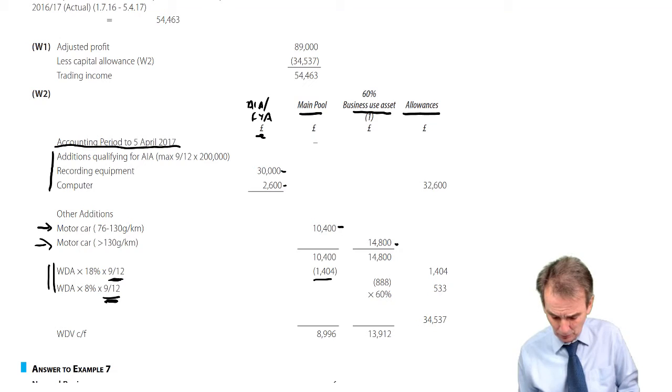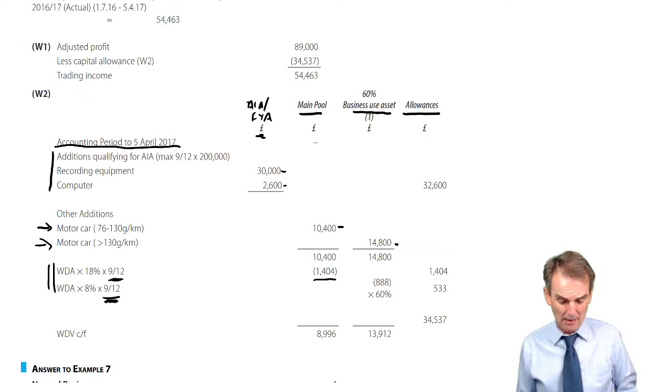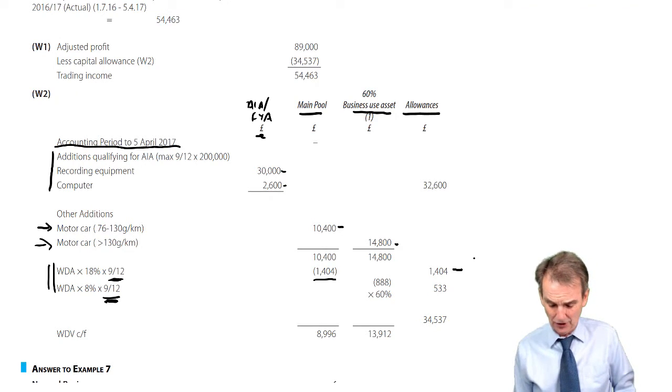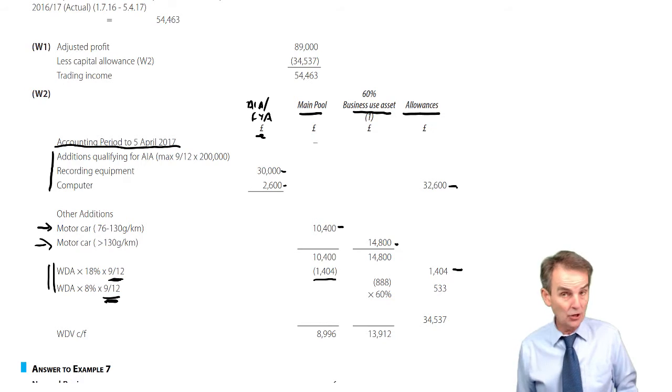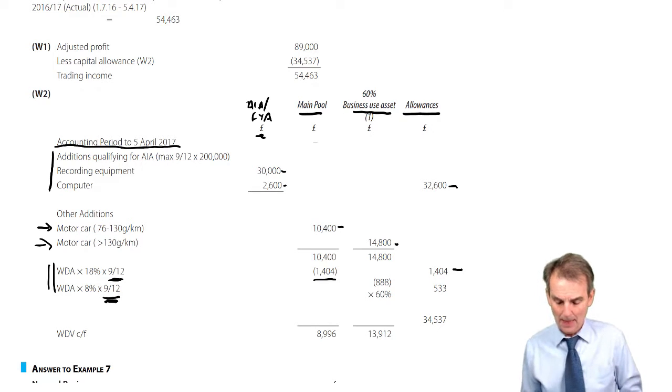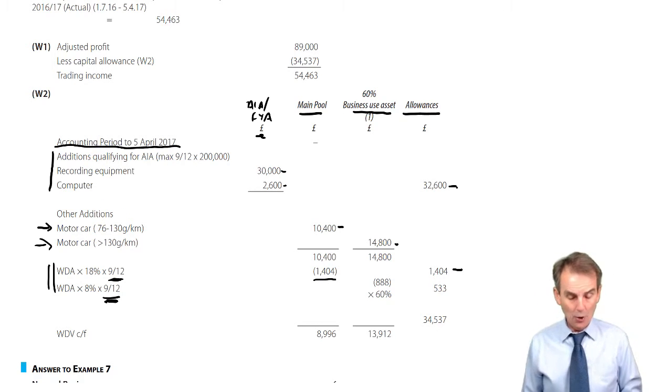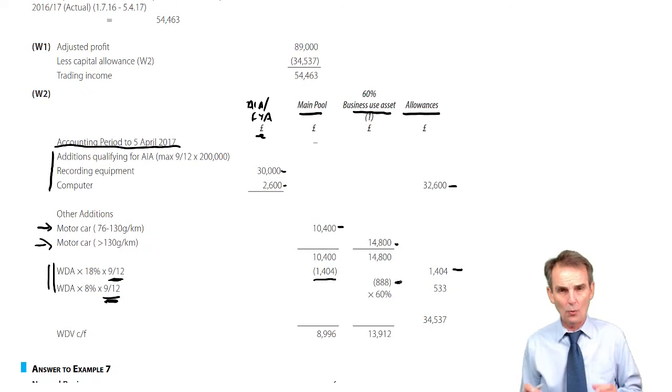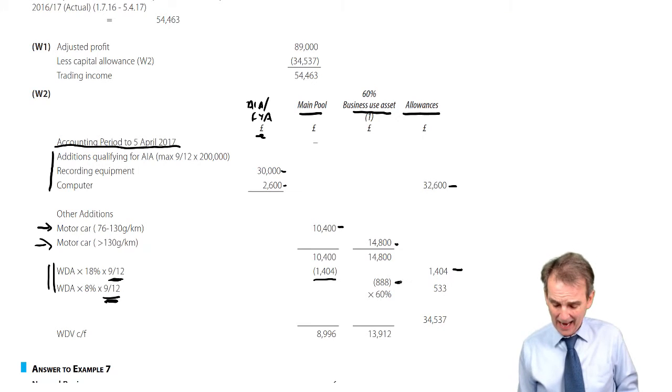All of the 14.4 there available in relation to the main pool car, and transfers across, as did the AIA, to the allowances column. Then in relation, of course, to the business stroke private use asset used by the proprietor here, work out the 9 months worth of allowance, that is 888, so always establish what the full allowance would otherwise have been, and then restrict to the business use percentage, here 60%.